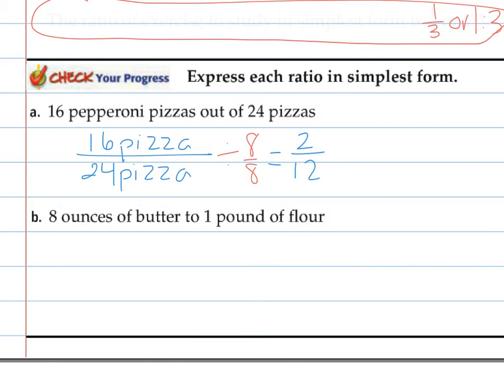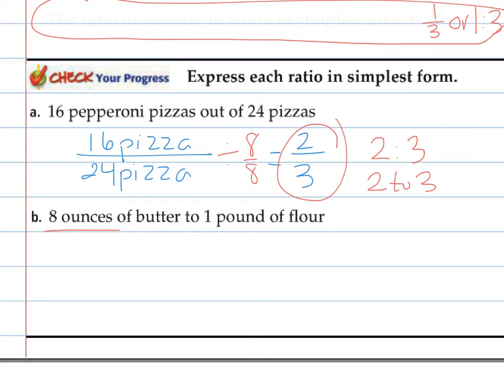I made a mistake. Excuse me. I was dividing by 2. To 3, my bad. So 16 divided by 8 is 2. 24 divided by 8 is 3. So the ratio of pepperoni pizzas to total pizzas is 2 to 3. So 2 to 3 represents pepperoni out of the total.